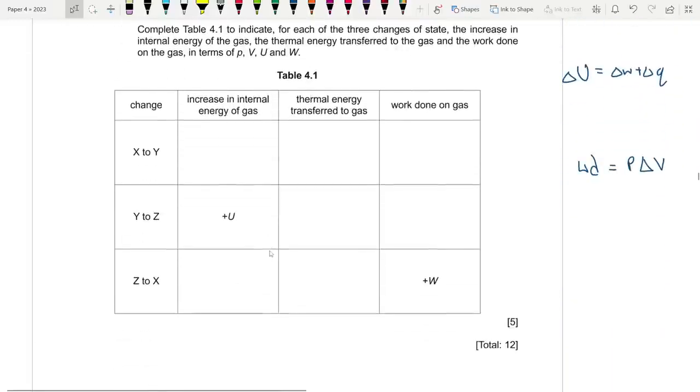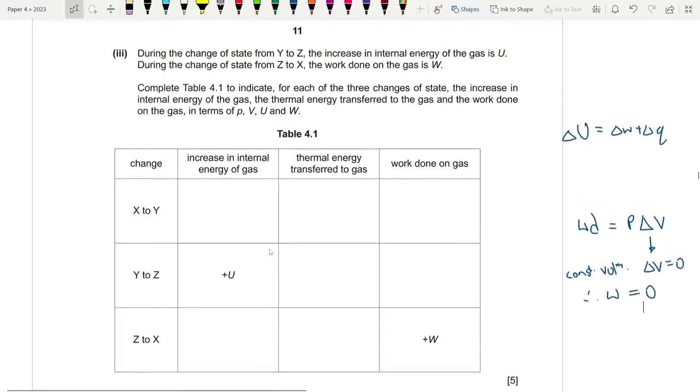It is P del V. If a change occurs at constant volume, del V is actually 0. Therefore, the work done will also be 0. So for change x to y, since it was done at constant volume, the work done on the gas is actually 0. This is your first step.